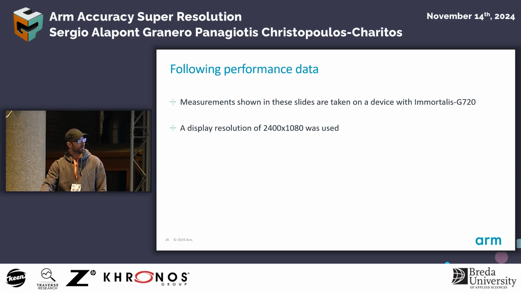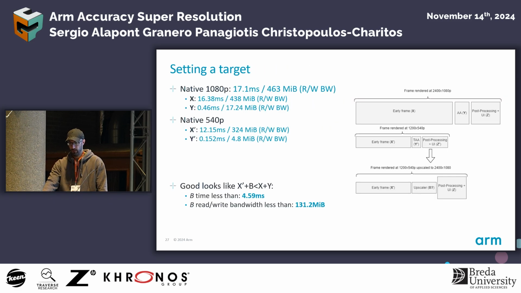For the rest of the talk, we will assume an Immortalis G720 device with a display resolution of 2400 by 1080. But before we start, we actually need to set a target. So we took some frame of some demo we had, and we divided it into 3 parts.